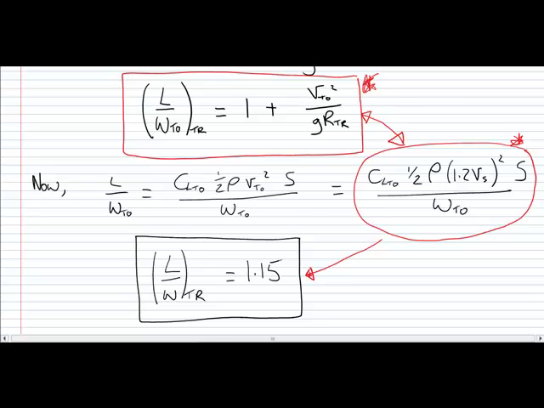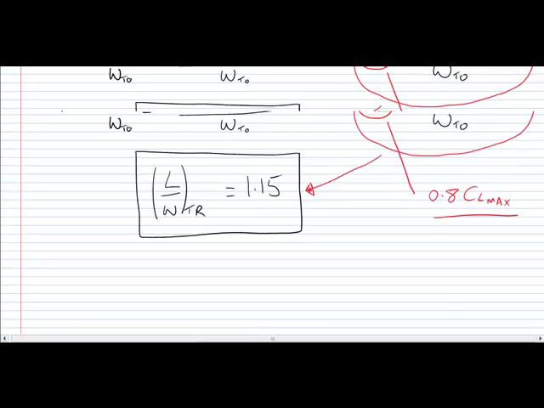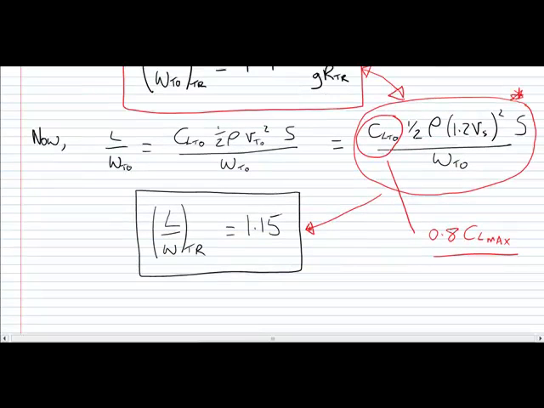To get this value, we also need to make that assumption that we made earlier, that the takeoff lift coefficient is 0.8 times CL max. That assumption, combined with the assumption that the takeoff speed is 1.2 times the stall speed, gets us to this load factor during the transition phase, L upon W.